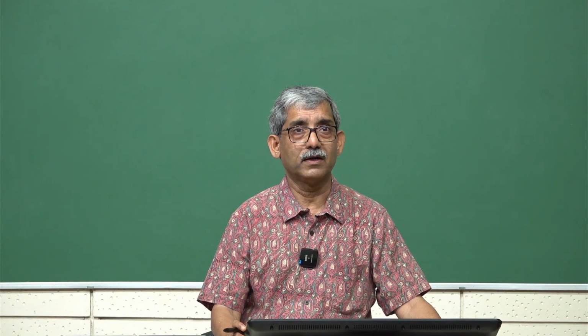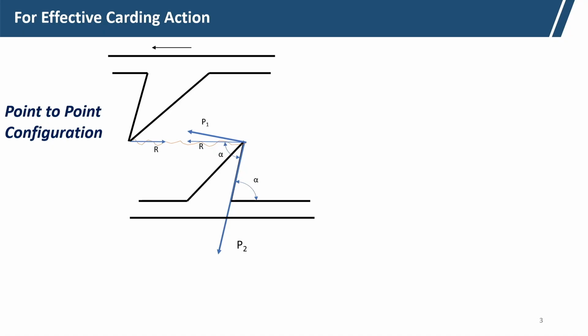Now, point to point configuration here for carding. Here we have already discussed this part. So, this force P2, and R is the force on fiber, and P2 is the downward force, which tries to hold the fiber with the cylinder pin. This is cylinder and this is the flat.